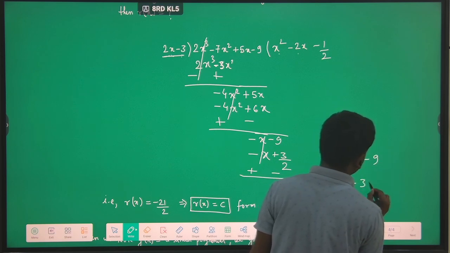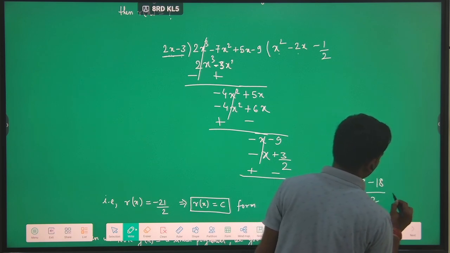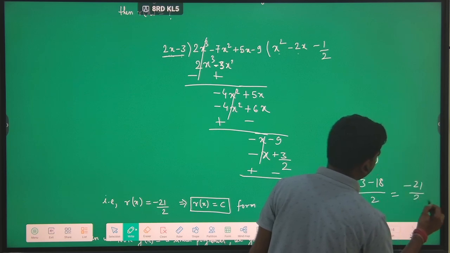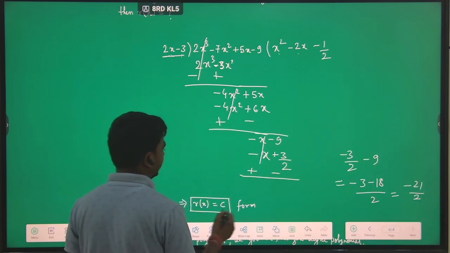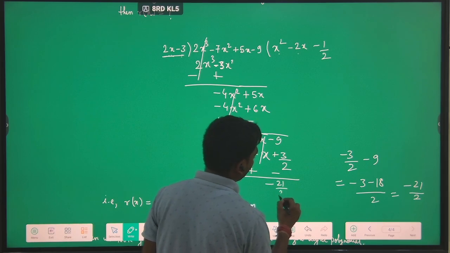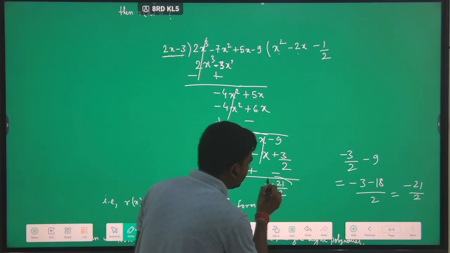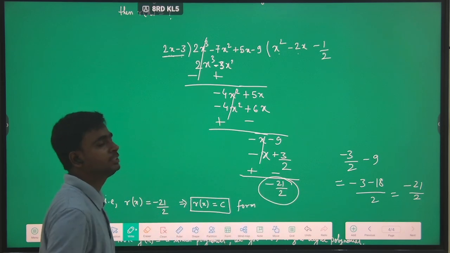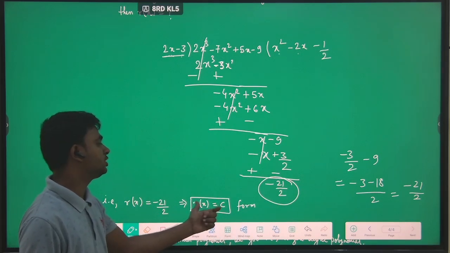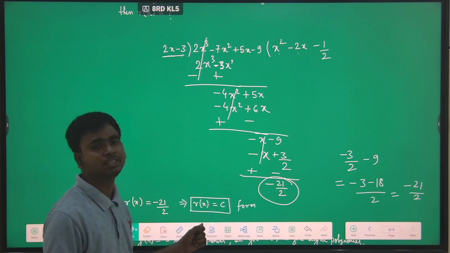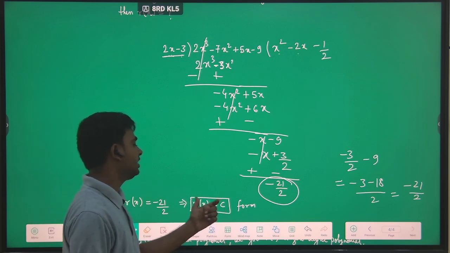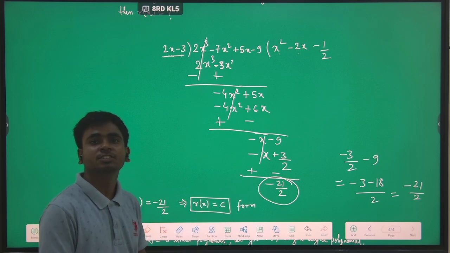That means (−3 − 18)/2, that means −21/2. So we are getting −21/2 as the remainder. This remainder is of the form r(x) = c, which can be written as r(x) = cx⁰.